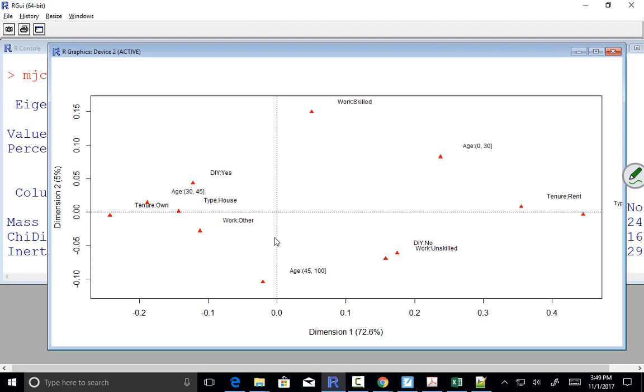The natural set of numbers to play with categorical variables are cross tabulations. So you could take the age category and cross-tabulate it with tenure. How many in the young category rent? How many in the young category own? How many in the middle-age category rent? How many in the middle-age category own? And so on. You could tabulate all the cross combinations.